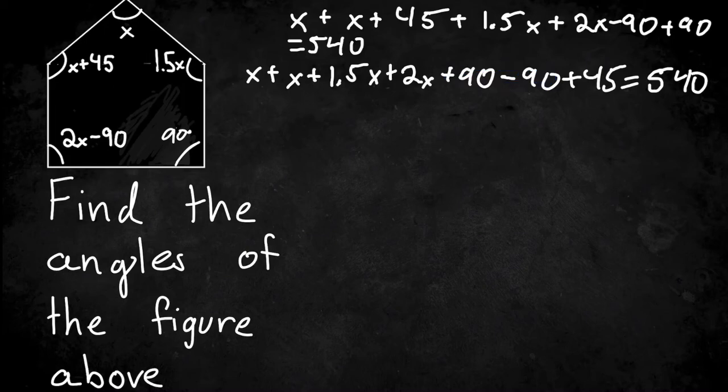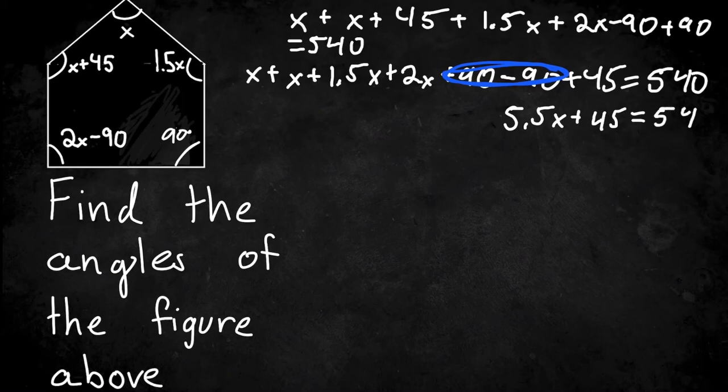And all we have here is 45, since we simplified 90 minus 90. So we have 5.5x plus 45 equals 540.